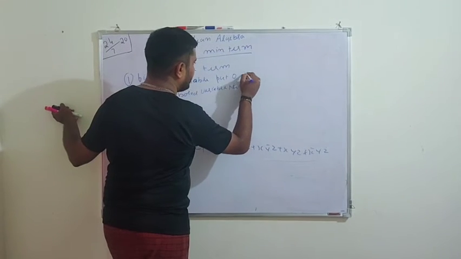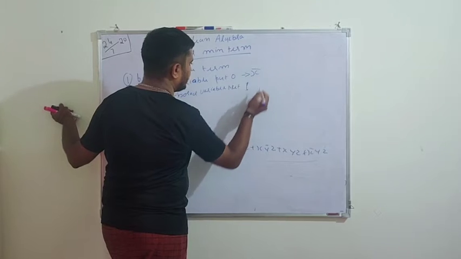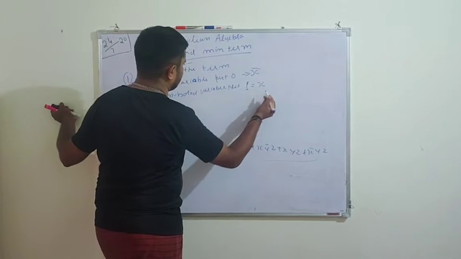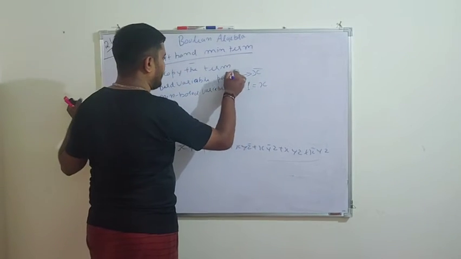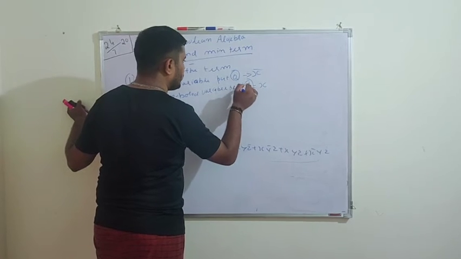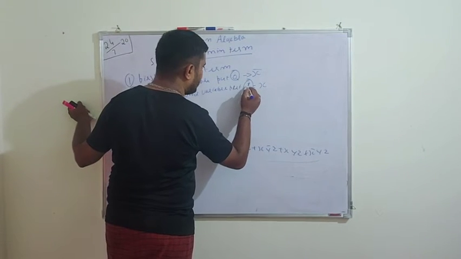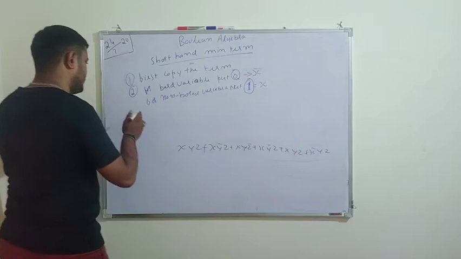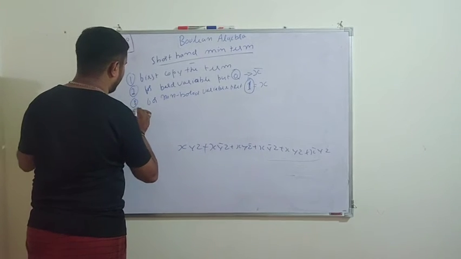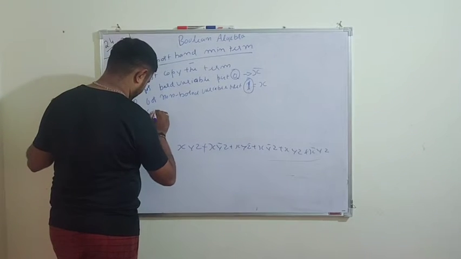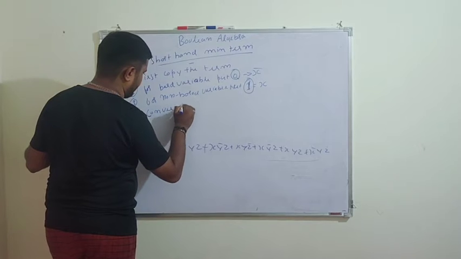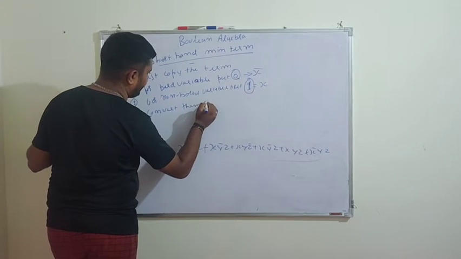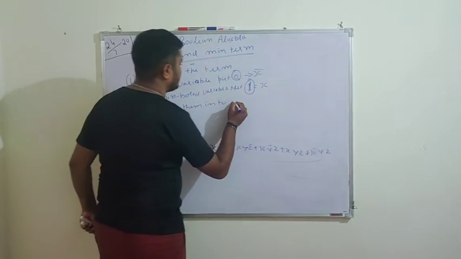A barred variable means it will be x bar, a non-barred variable means x. So if you have any bar you should put 0, if you don't have any bar you should put 1. This is the third step. The final, fourth step is to convert them into decimal equivalent.